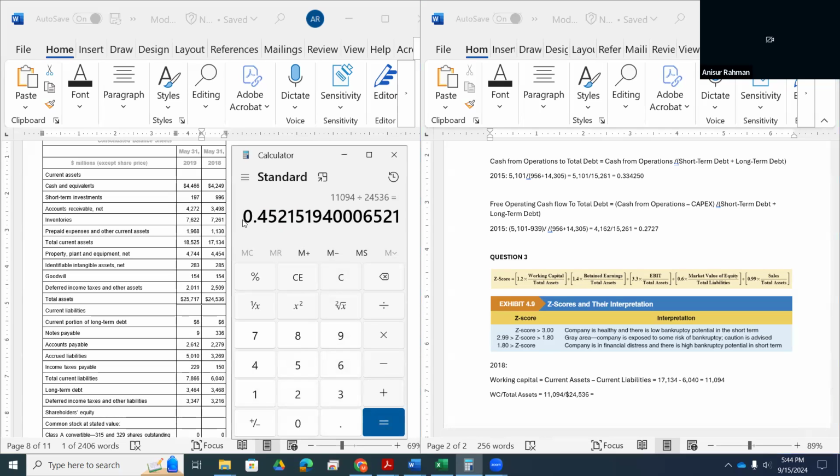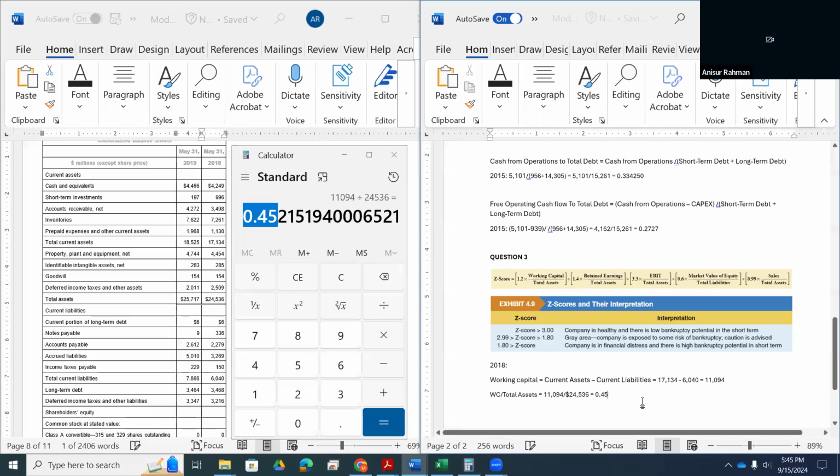I'll use 4 decimal places, so we'll get a more precise answer. So that is our first ratio, working capital over total assets.